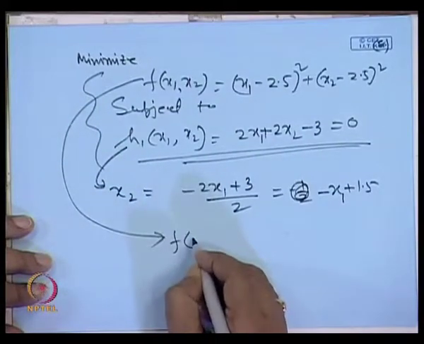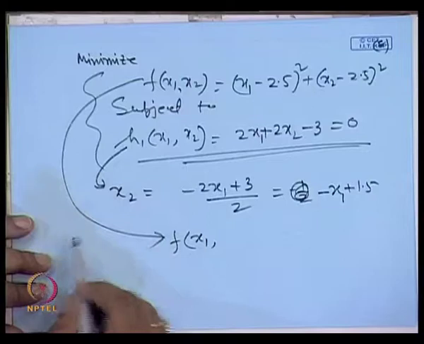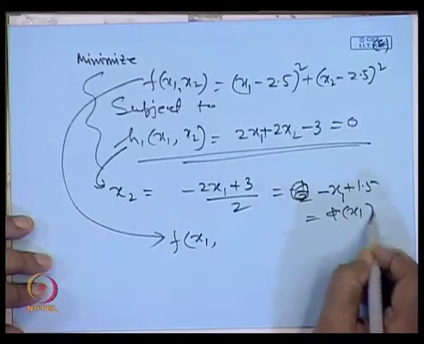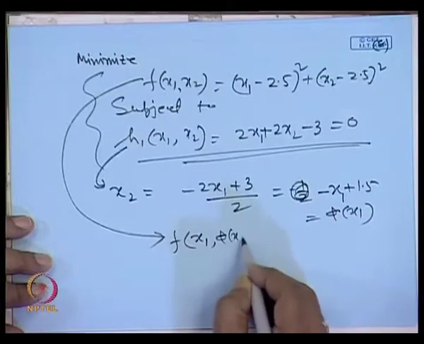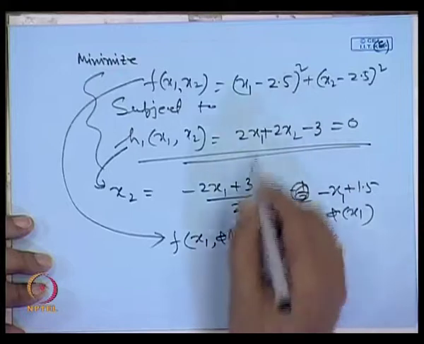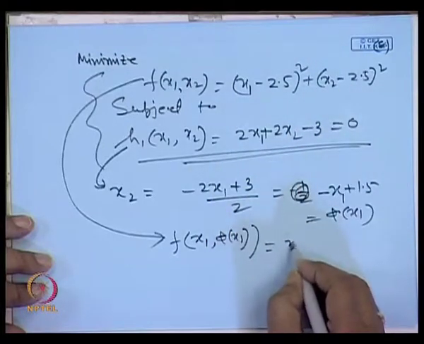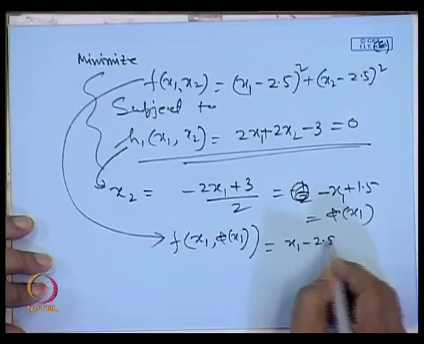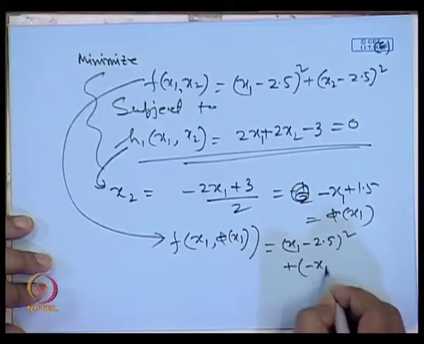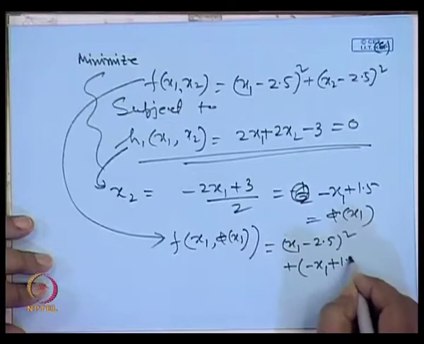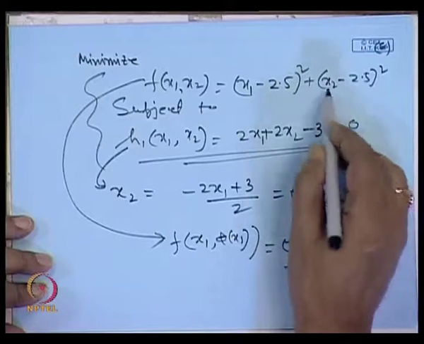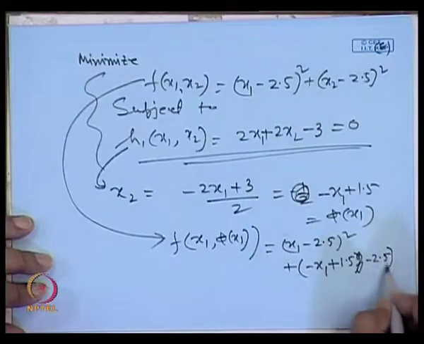It is a function of x1 and x2, and now I can write it as a function of x1 only. So, it is (x1 minus 2.5) whole square, and in place of x2 I write minus x1 plus 1.5, minus 2.5, that is (1.5 minus 2.5) whole square.